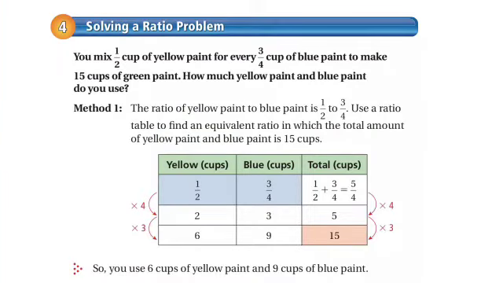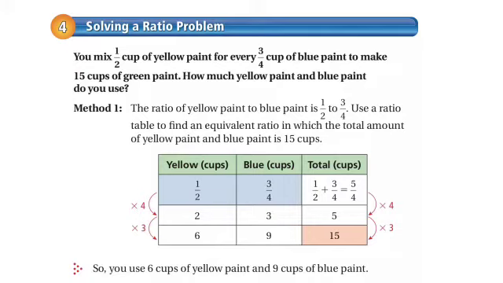Okay, for example 4 here, solving a ratio problem. You mix a half a cup of yellow paint for every 3/4 cup of blue paint to make 15 cups of green paint. How much yellow paint and blue paint would you use? So the way they want us to do it is they make a table, and they show that you mix 1/2 cup of yellow and 3/4 cup blue, and then you add those together to see that that gives you 5/4 cups of that green paint that you need.